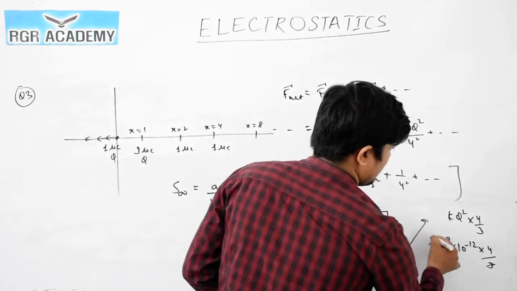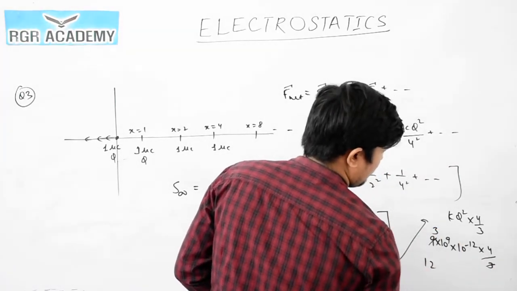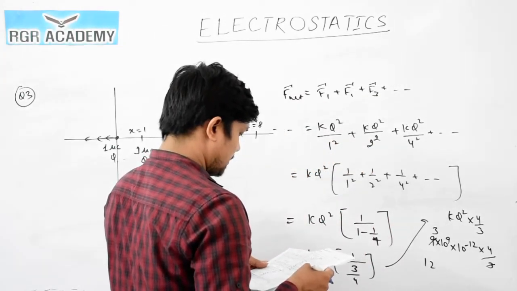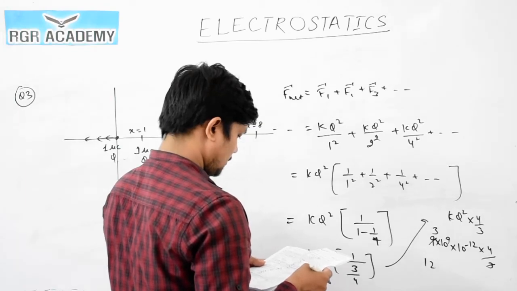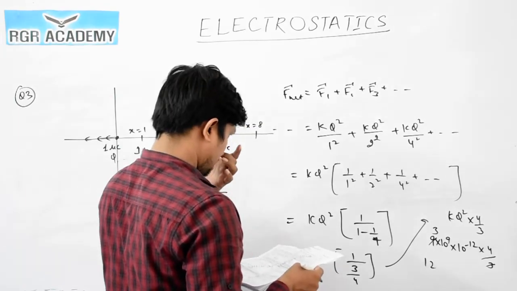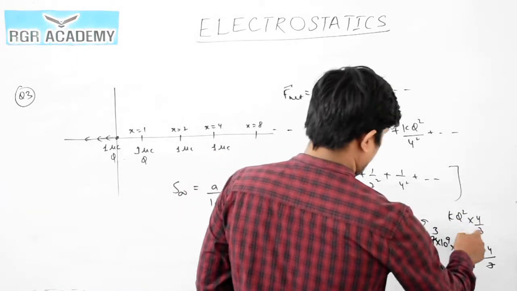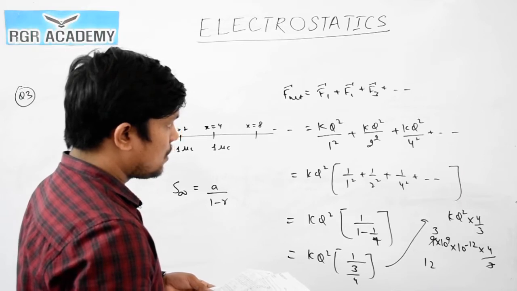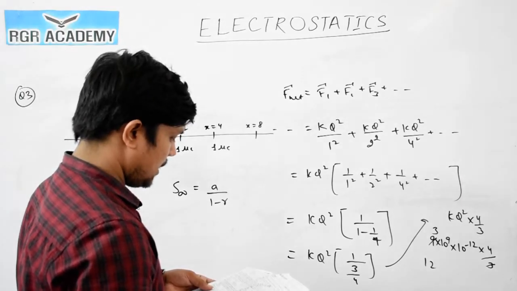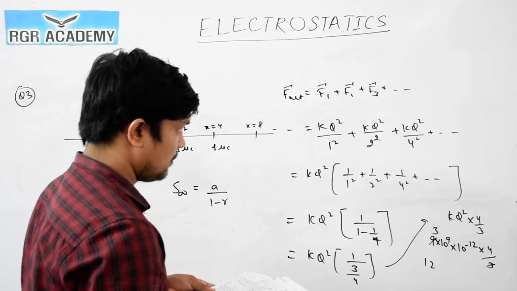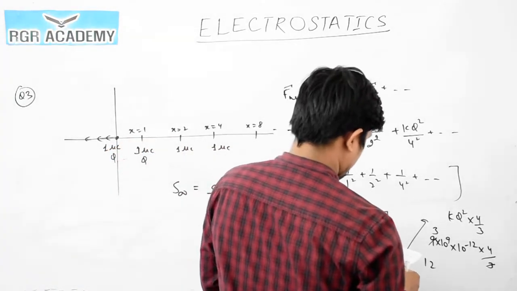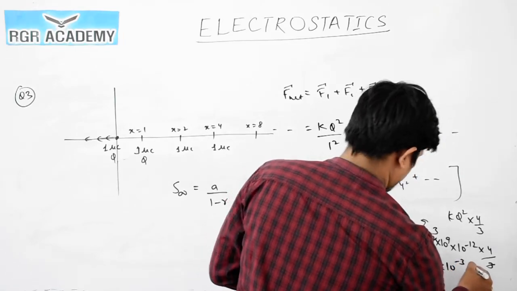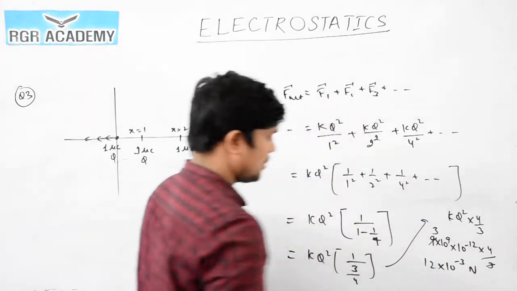So KQ square into 4 by 3 becomes 12 into 10 to the power minus 3 Newton.